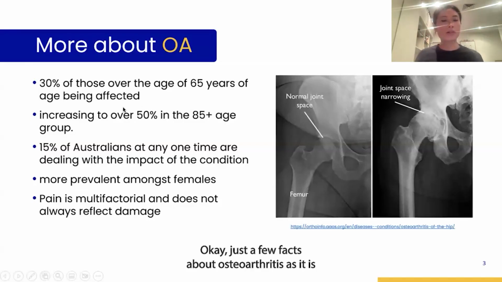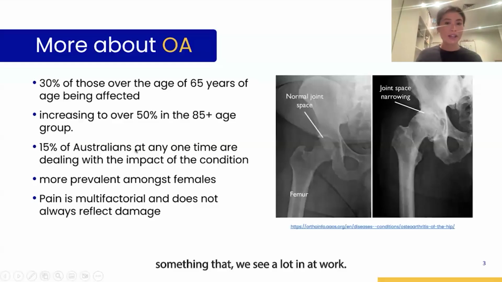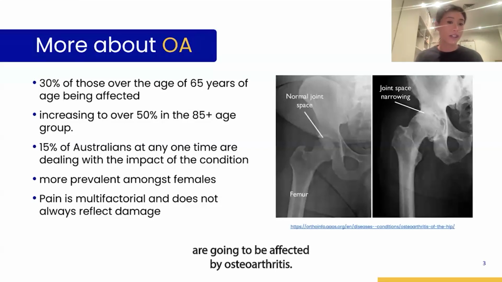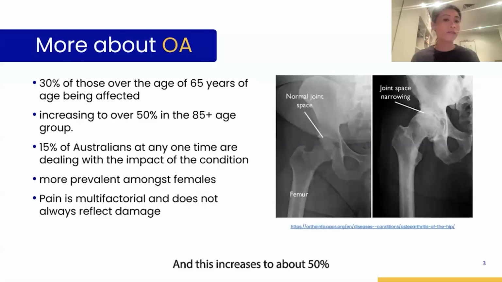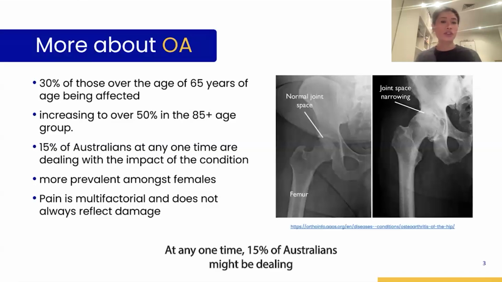Just a few facts about osteoarthritis, as it is something that we see a lot at work. 30% of those over the age of 65 are going to be affected by osteoarthritis. And this increases to about 50% in the 85 or plus age group. At any one time, 15% of Australians might be dealing with the impact of the condition.